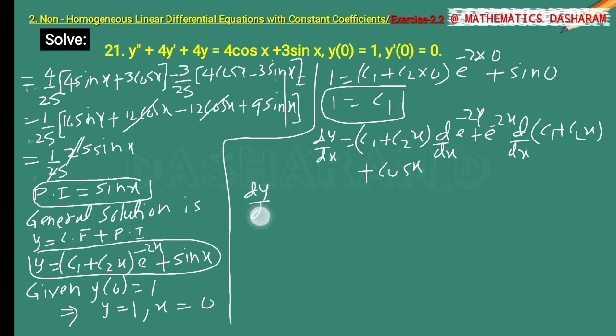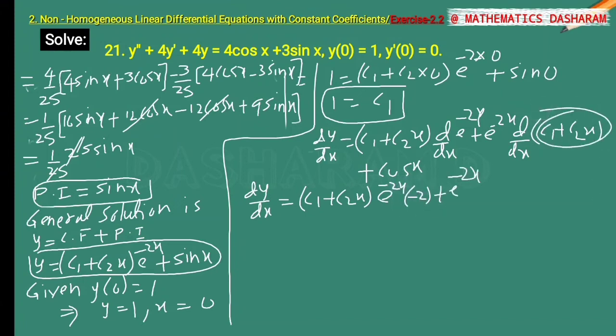So dy by dx equals c1 plus c2 into x, the derivative of e to the power of minus 2x is e to the power of minus 2x into minus 2, and the derivative of c1 plus c2 into x is just c2, plus cos x.